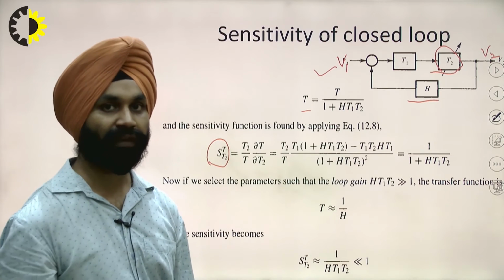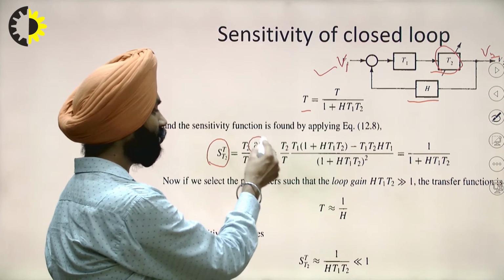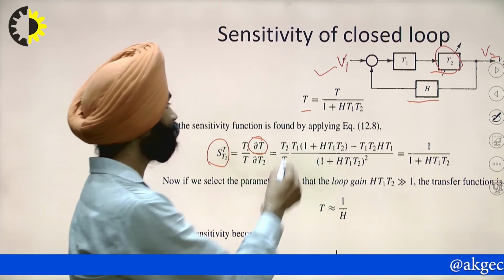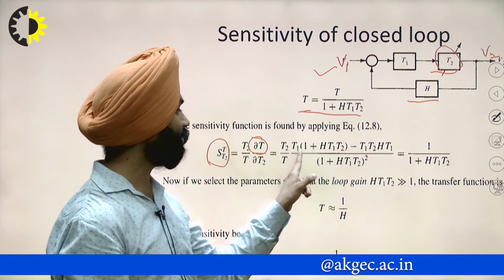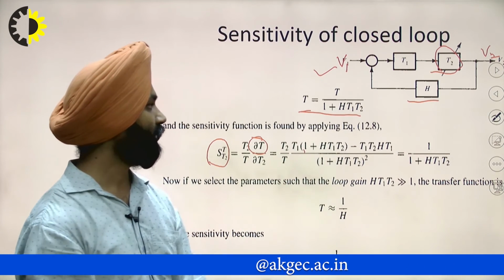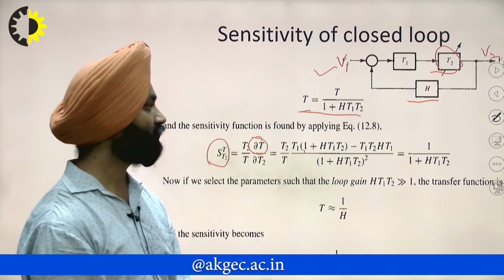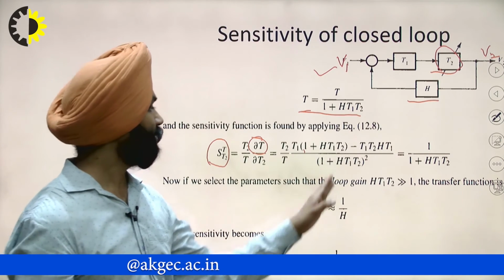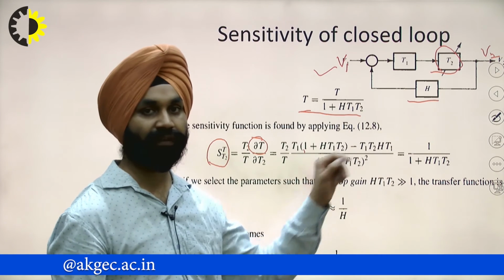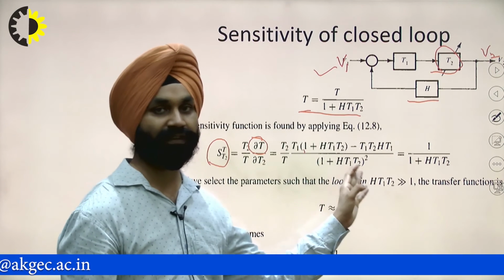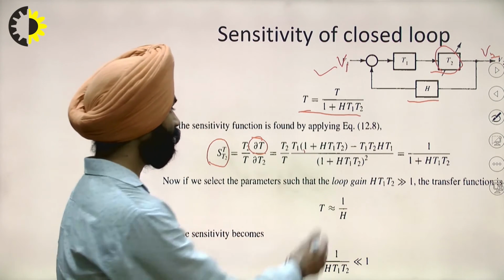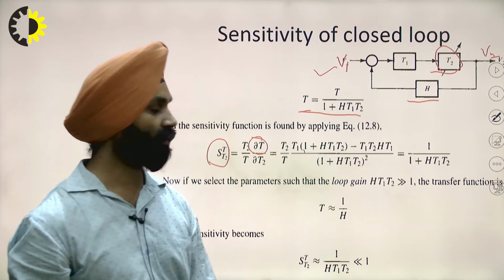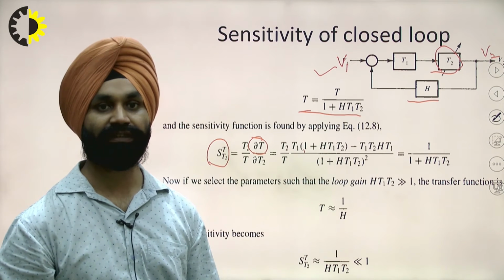If we put the value of delta T over here from this equation, it will give us T1 into (1 plus H T1 T2) minus T1 T2 H T1, divided by (1 plus H T1 T2) whole square. Or this will cancel out and it will give 1 upon 1 plus H T1 T2.